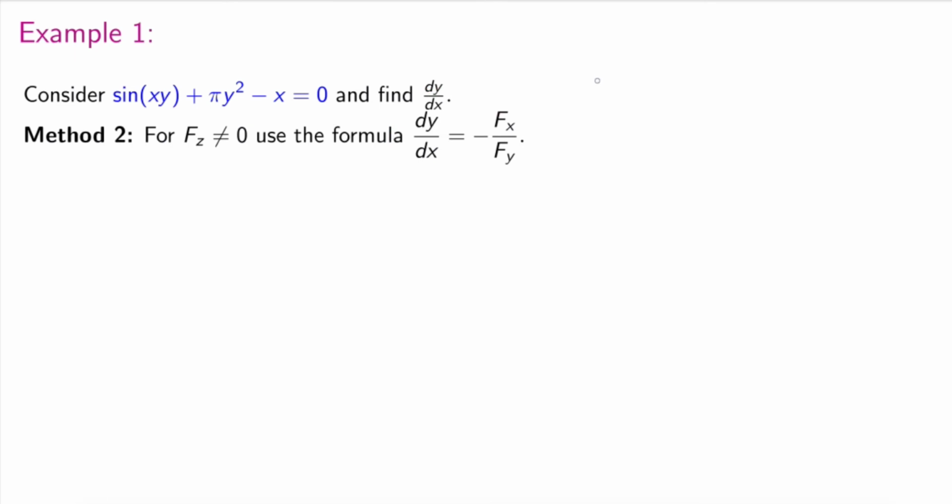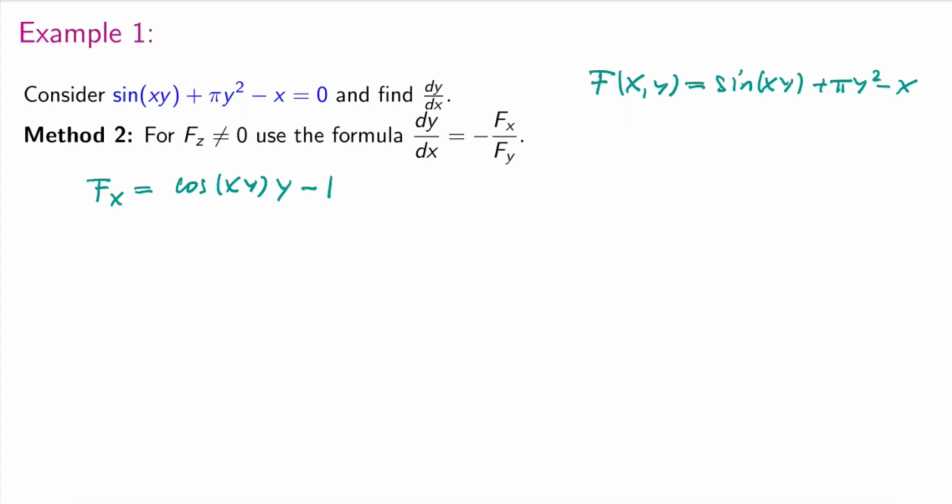So first of all, we need to find F, which is sine xy plus pi y squared minus x. And then we need the partial derivatives. So the partial x derivative of F would be cosine xy, and the inner derivative now is just a factor y. And then the y term has no x, and the x term there gives a minus 1. The partial y derivative again gets the cosine xy, but now y is a variable, so the inner derivative is an x.